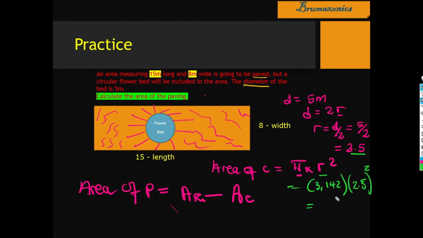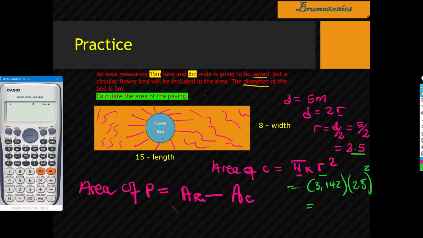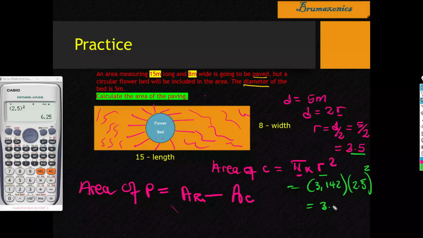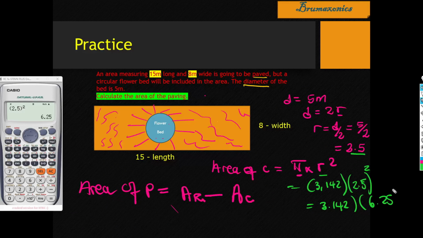So this is equal to, let's go and get the calculator for that. Then we multiply 2.5 by itself, or square it, and get 6.25, meaning that this will be 3.142 multiplied by 6.25, which equals, let's multiply this by 3.142, and then this will be the answer.